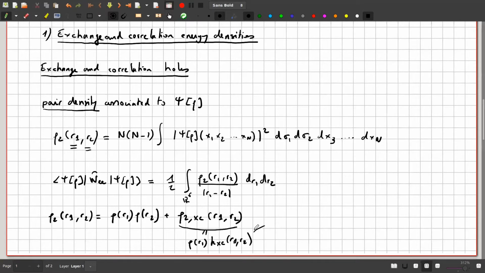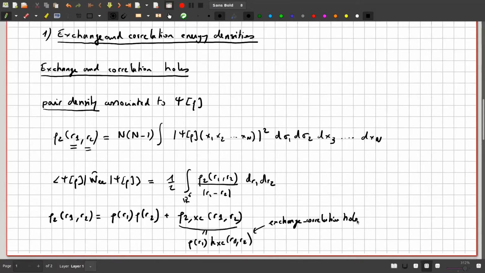And this is the exchange and correlation hole. Okay, and you can consider it as a modification of the conditional probability of finding one electron at R2, given that one has been found at R1. That's a modification due to the exchange and correlation effects.